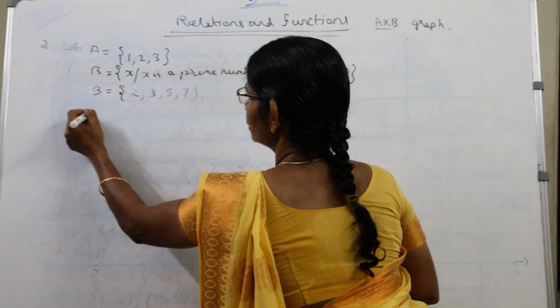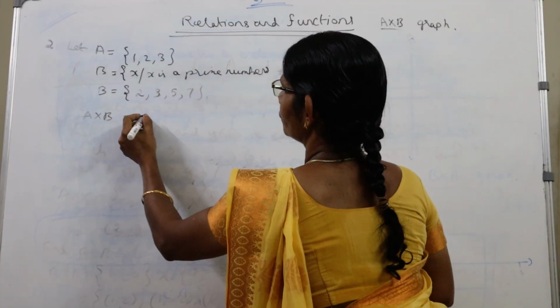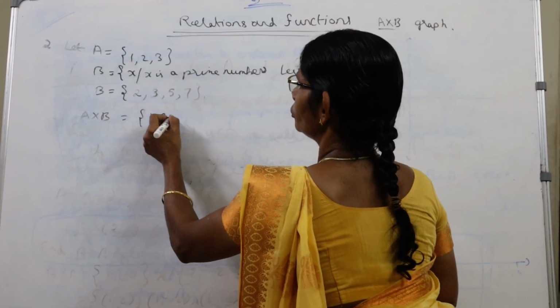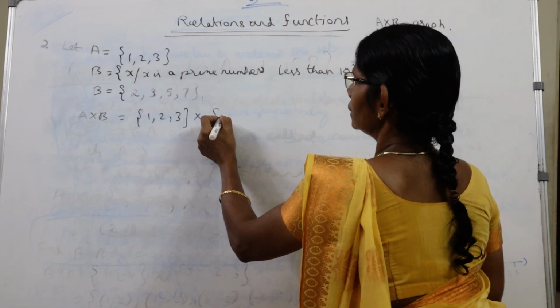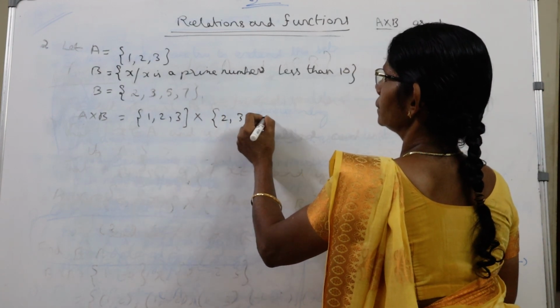Now A cross B. {1, 2, 3} cross {2, 3, 5, 7}.